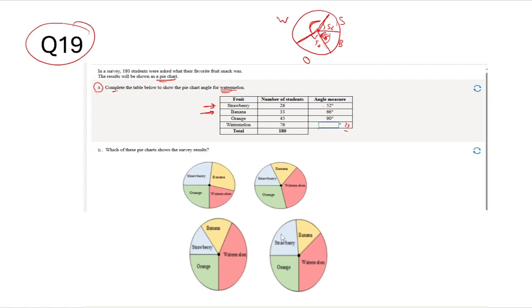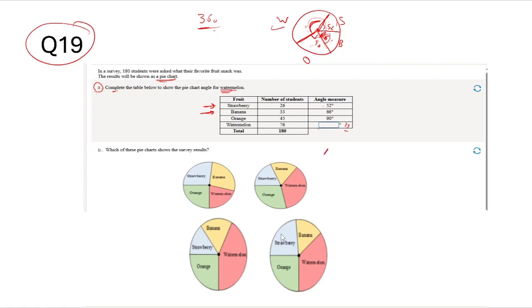So now, the angle through the center of a circle, the measurement of this angle is 360. So to get the watermelon angle, I will subtract the three angles from 360. I will get the angle of watermelon. So let's do it together now.